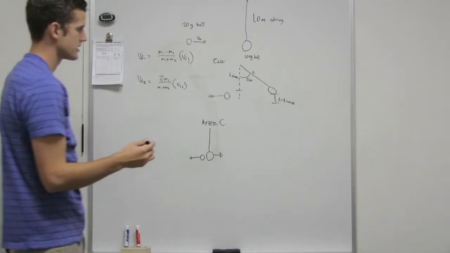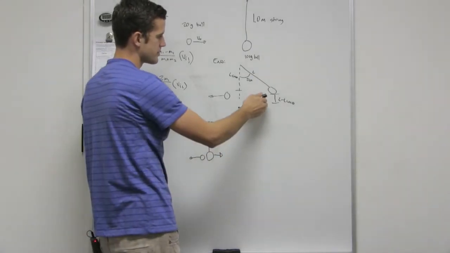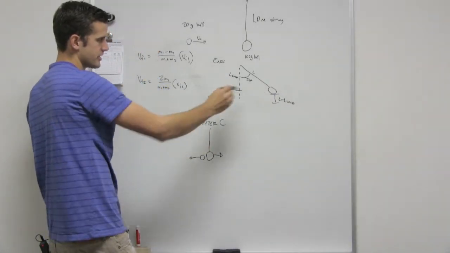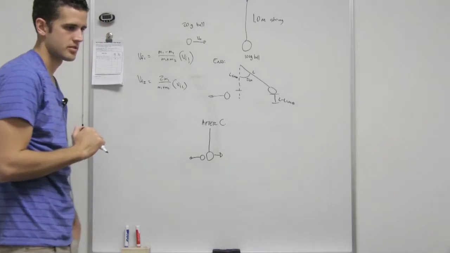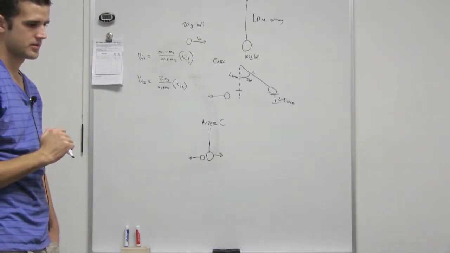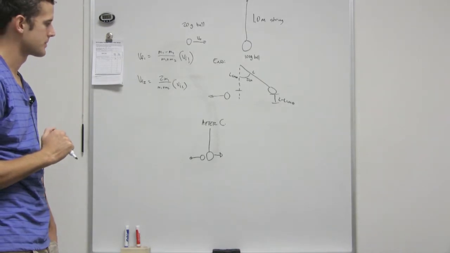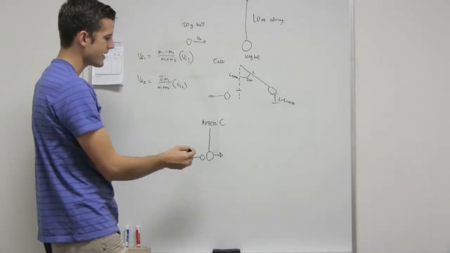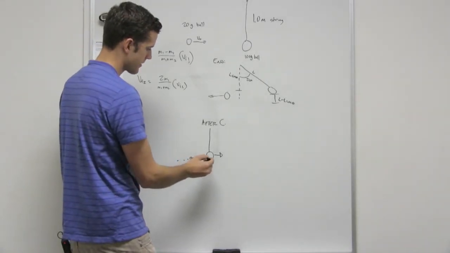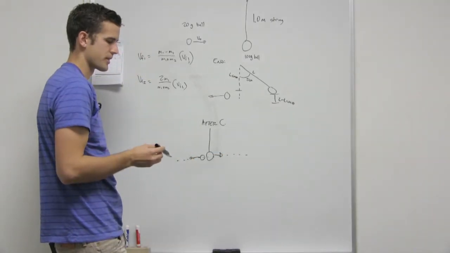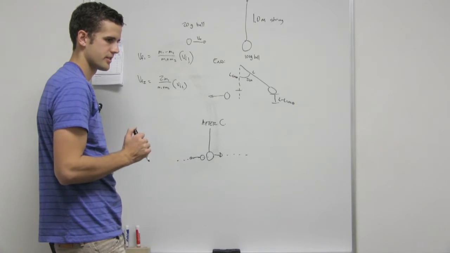So what's the energy equation for after the collision until it stops? Well, after the collision, they both will have potential and they will both have kinetic. So right after the collision, let's put our datum right through the center of mass of both of them, so that way we don't have to worry about potential energy initially.